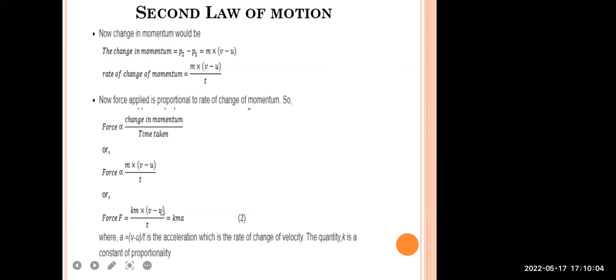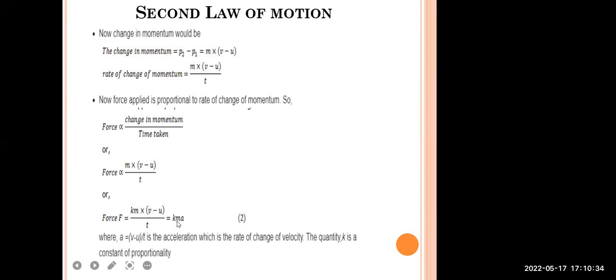So final velocity minus initial velocity upon time means rate of change of velocity, which is nothing but acceleration, which we have seen in our previous lecture. Acceleration is what? Rate of change of velocity, dv by dt. Rate of change of velocity means change in velocity, final minus initial velocity upon time, which is nothing but my acceleration. So F is equal to k.